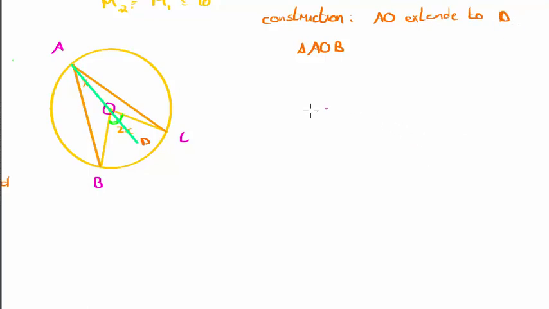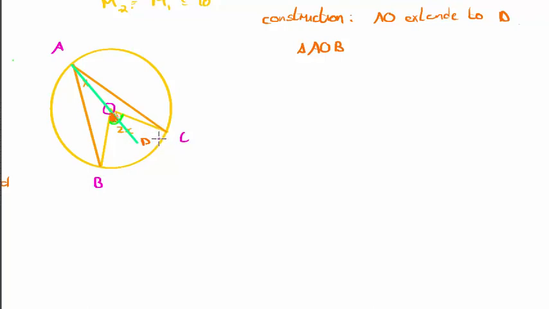Now I extended it because I want to work with some angle in BOC. You see? So I've got two triangles now, and I've got an exterior angle for ABO, and I've got an exterior angle for ABC.